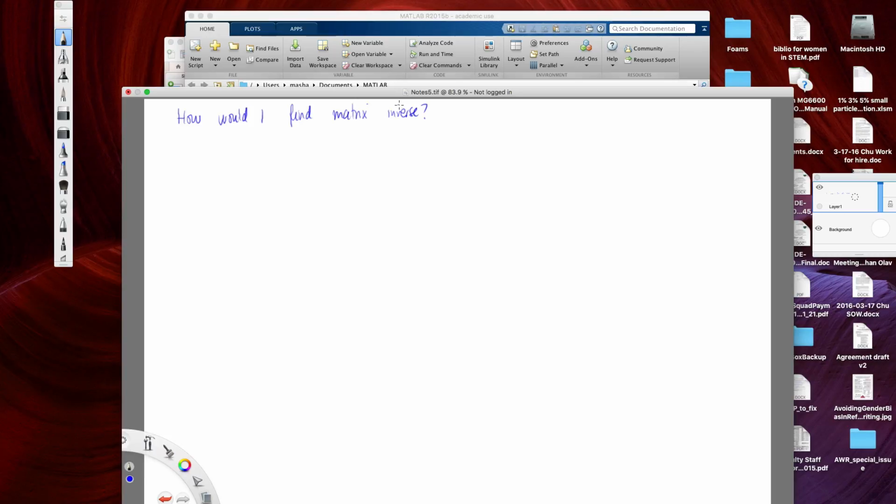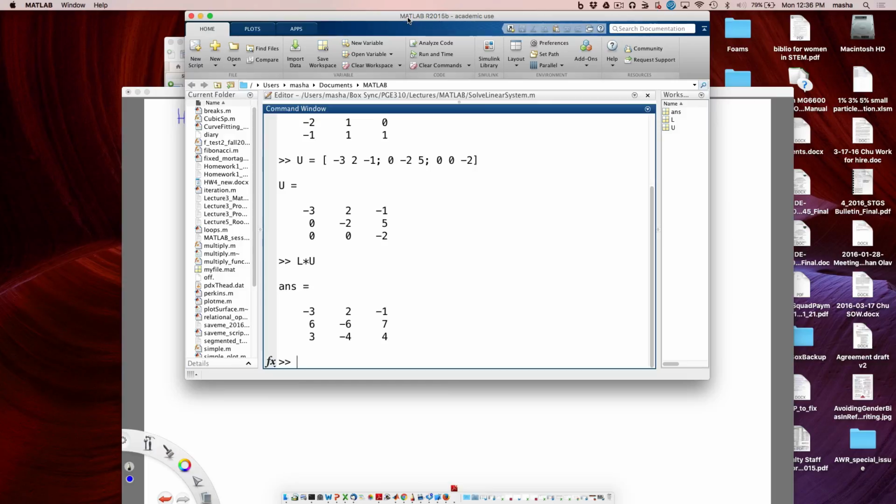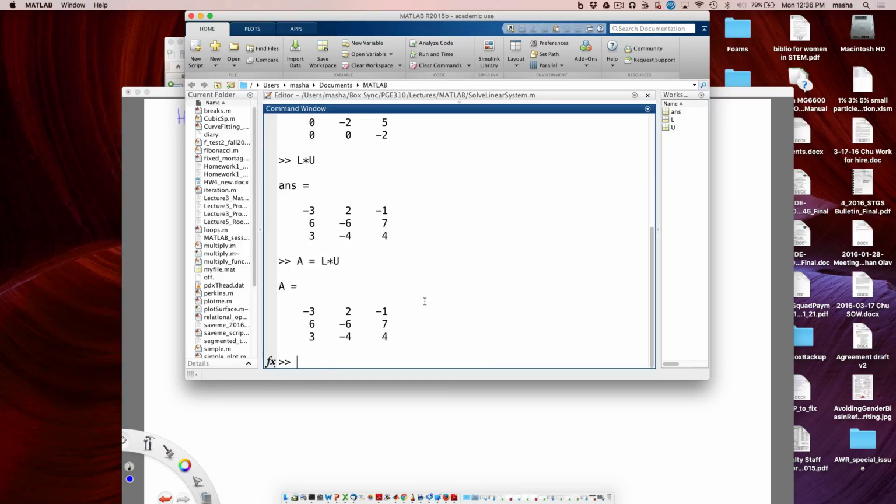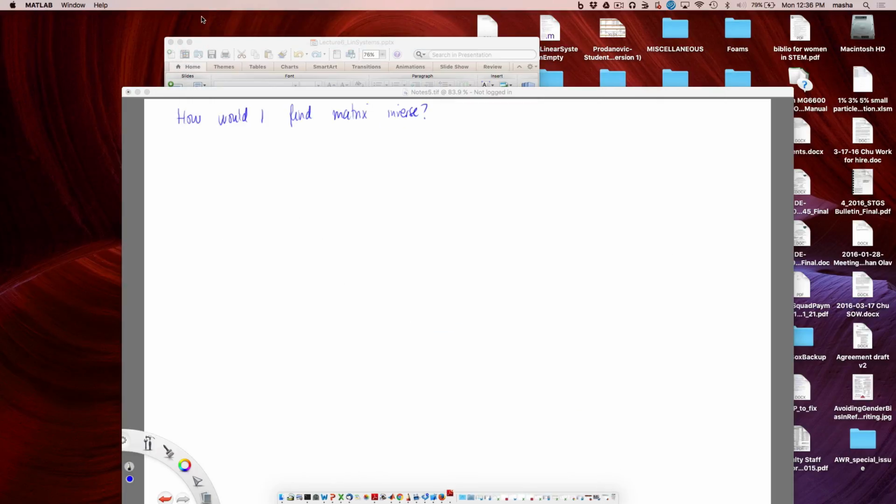Let me quickly check that this particular matrix that we are solving for has a nice inverse. Minus 1/3, 1/3, 2/3, 1/4, 3/4. Yeah, this is nice enough. So these numbers are okay. All right, how would I find the matrix inverse in this particular case?